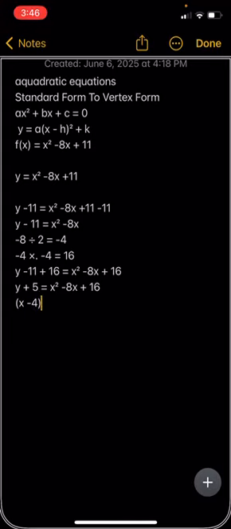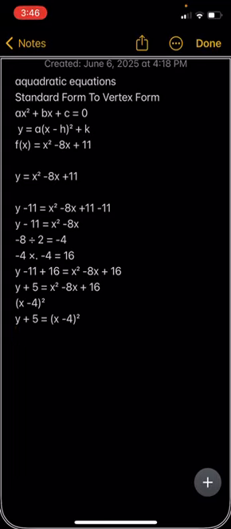Close our bracket and square that quantity. Now, we rewrite the entire equation. The left side will be y plus 5, and the right side will be the quantity we have in bracket, x minus 4. So our equation now looks like y plus 5 is equal to (x minus 4) squared.